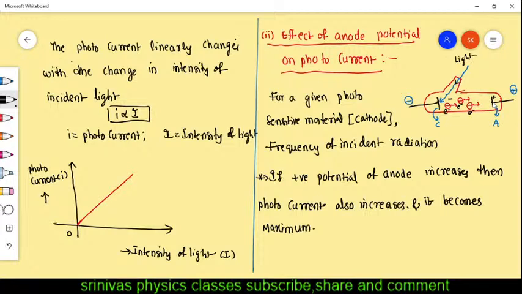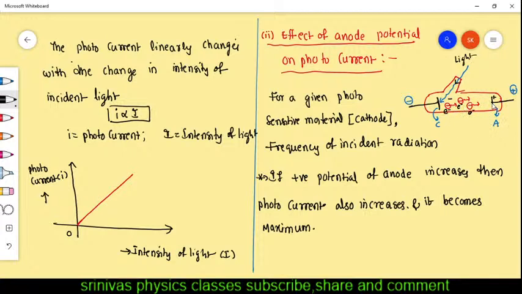When you increase the positive potential on the anode, the attraction force on the electrons increases, so more electrons reach the anode. More electrons reaching the anode means more current is produced. Like that, the current increases with an increase in positive potential of the anode.